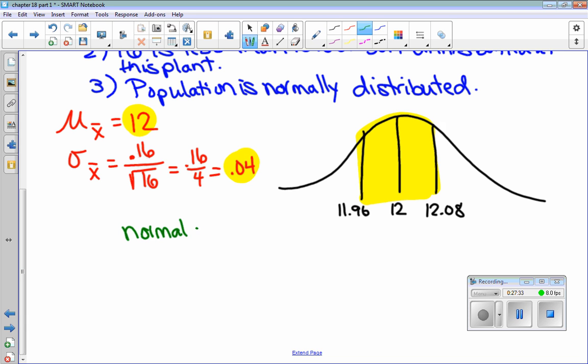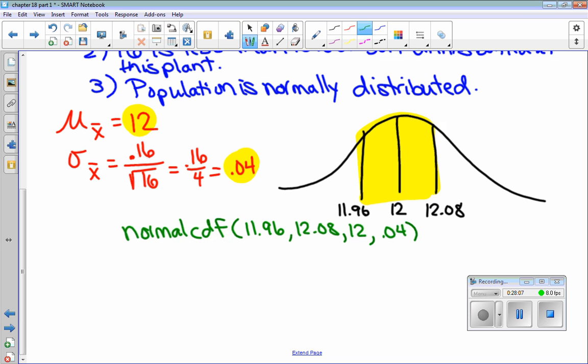So we have normal CDF, our lower bound, our upper bound, our mean, and our new standard deviation. Tell me what you get. Let's round to three decimal places. I'm looking over Sean's shoulder here: 0.816? Or type it in. No?